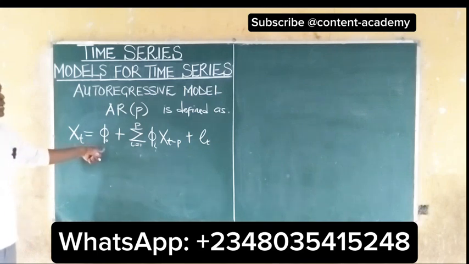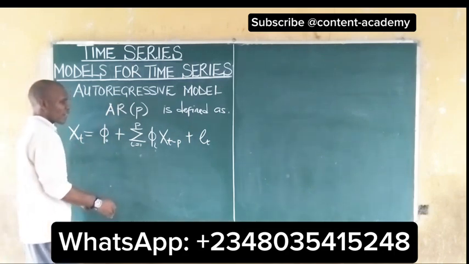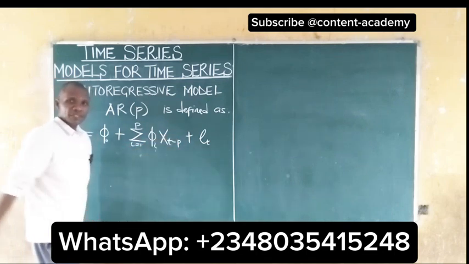Now, this model we have here, we can write out the general form for this model. We'll also write it out, and after writing it out, we'll also define the parameters.